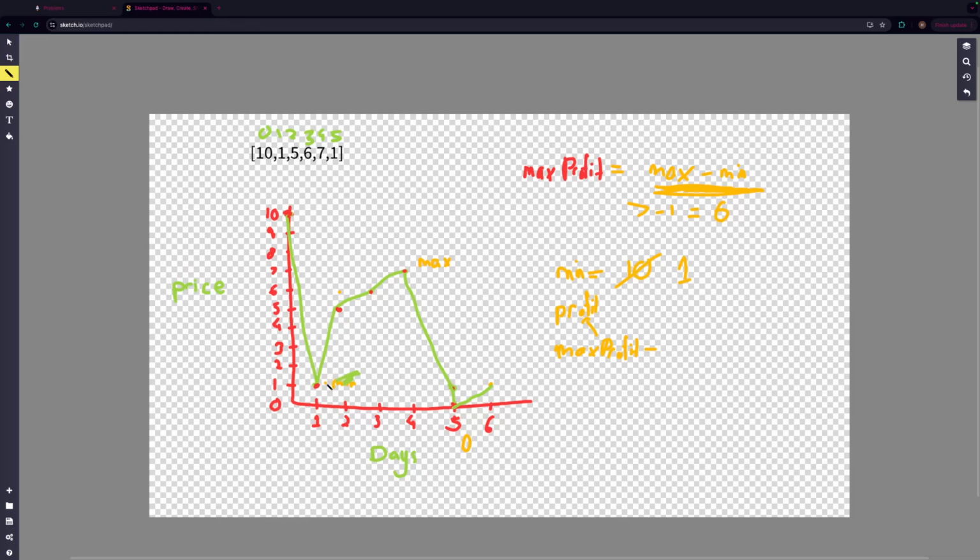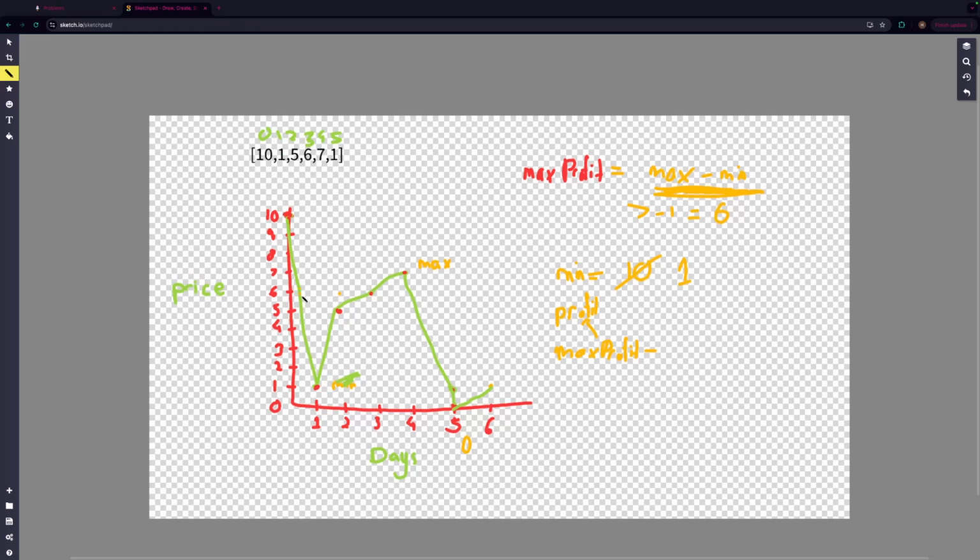The reason why this would work now is because we are setting the minimum as we're iterating through the list. So the minimum is always going to be before the maximum. We're never going to have a case where we set a minimum and then calculate a profit that is before the minimum, because we're calculating the profit as we go with each iteration. So it should work this way.